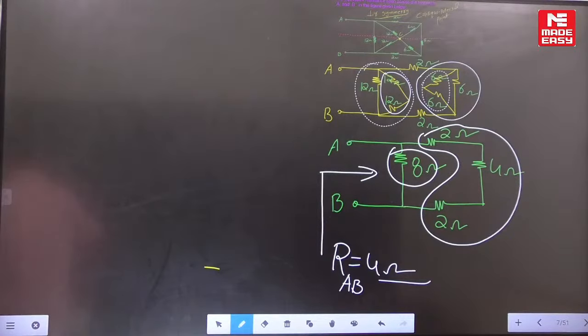Four ohms. Somebody got 2.67. Check once again. How did 2.67 come? Which method did you apply? Very good, Mohammed, very good. Rahul Kumar.